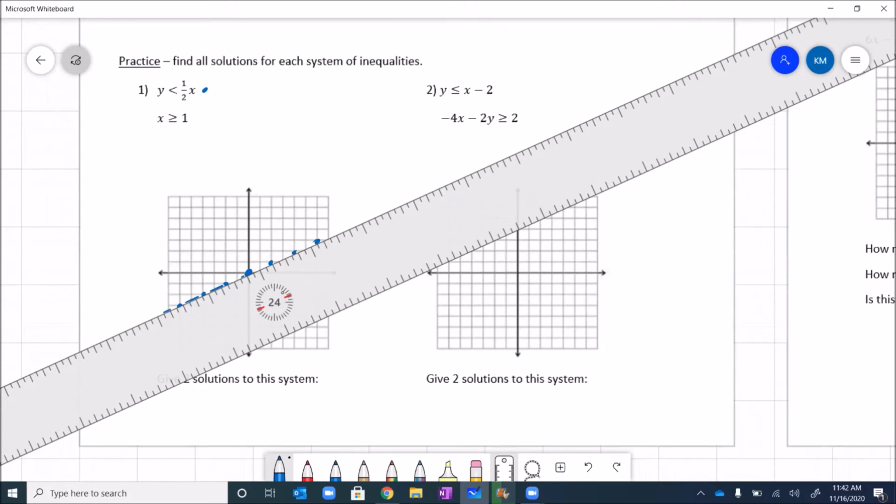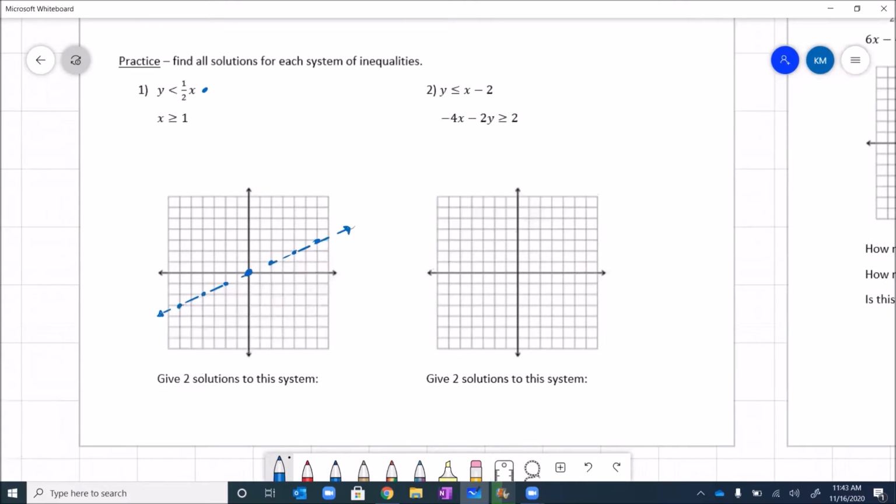All right, bye-bye ruler. Here we go. Okay, and then as we think about shading, we would shade below. There's a couple ways that you can do this, but I'm going to just shade below here really sparsely so that I don't overpower what's going to happen next. Okay.